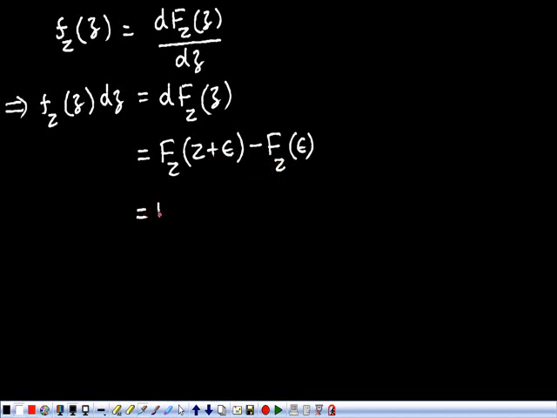This can be written as the probability of the random variable z lying between, this should be small z, and z plus epsilon. Understood this?